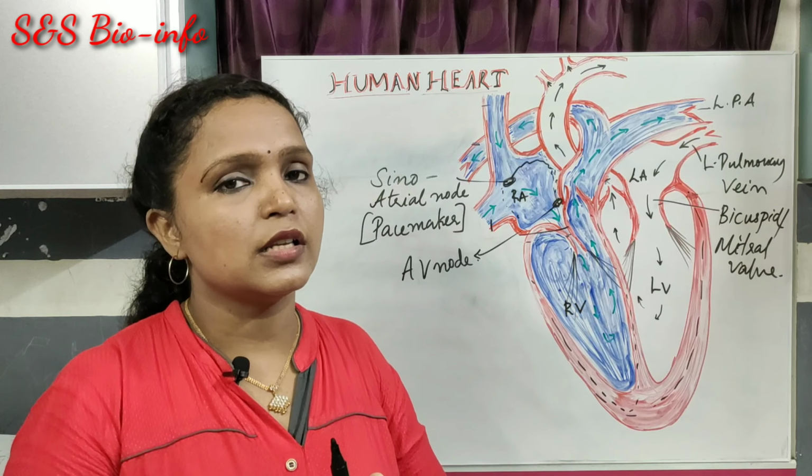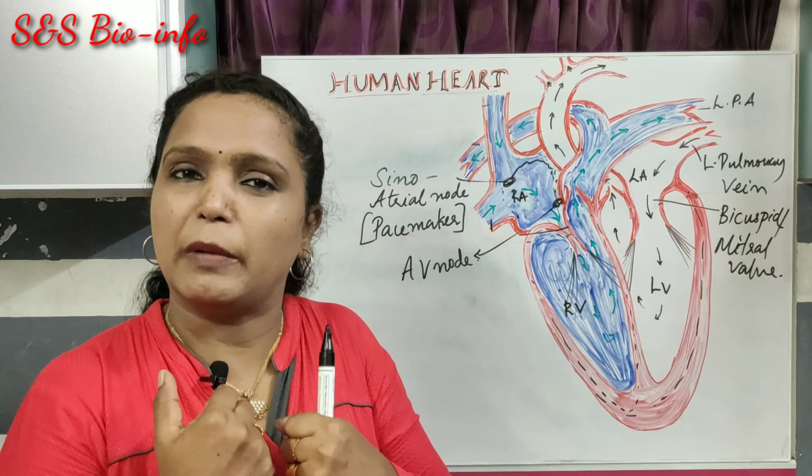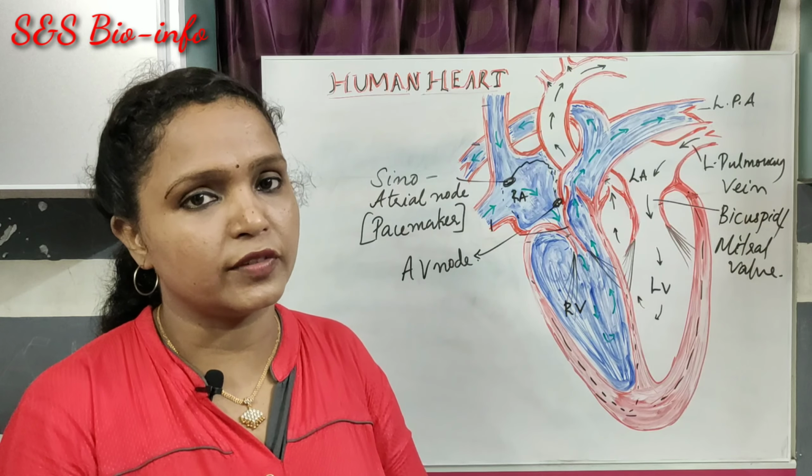The nerve impulse spreads along the entire wall of the ventricles. It leads to the contraction of the ventricular chambers. This is the way the heart pumps blood from the atria to the ventricles, and from the ventricles to the different parts of the body. The contraction and rhythmicity of the heart is maintained by the pacemaker of the heart.